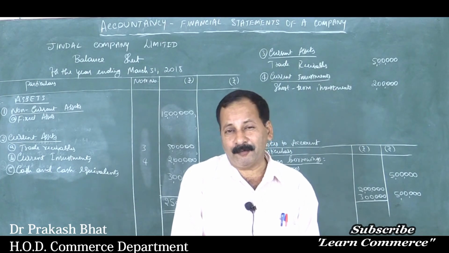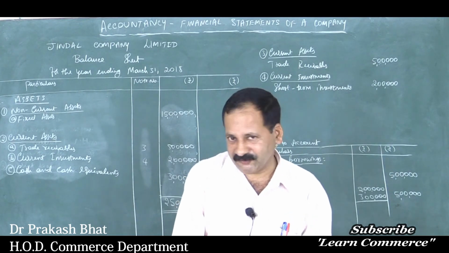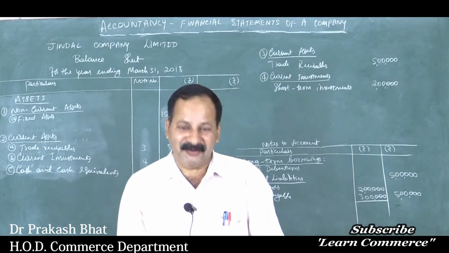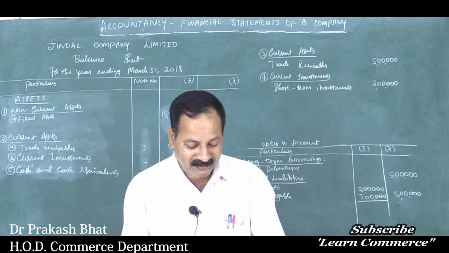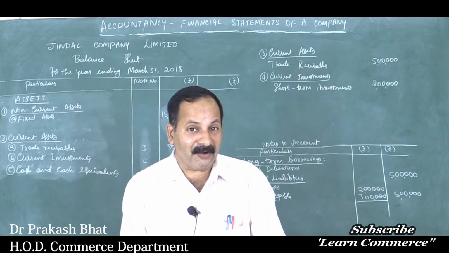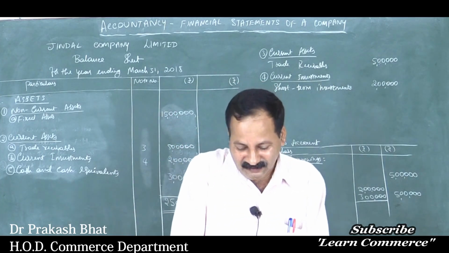You should remember the formula only. Then a small chapter, cash flow statement. This is our program of accounts. I don't know how far we will be able to cover this, whether classes will revive or not. COVID knows, no one knows.